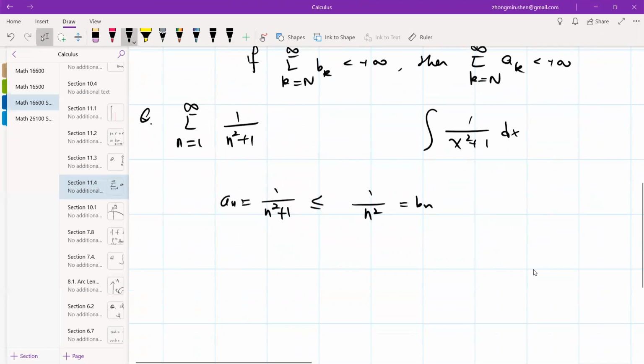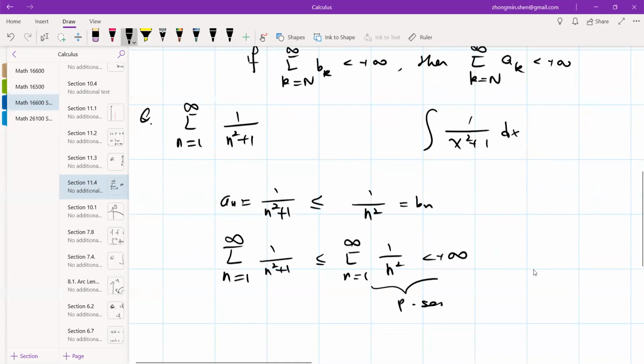So that's why you can have this inequality, right? But this is finite. Why is it finite? Because of the P-series test, P greater than 1, okay? We already know that. So the integral test is useful.